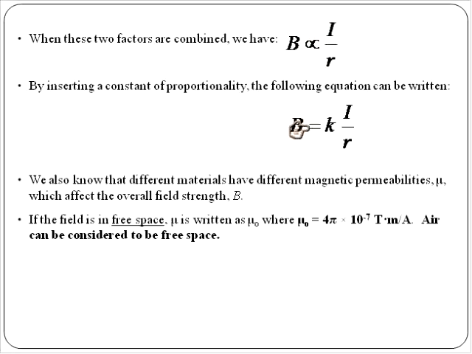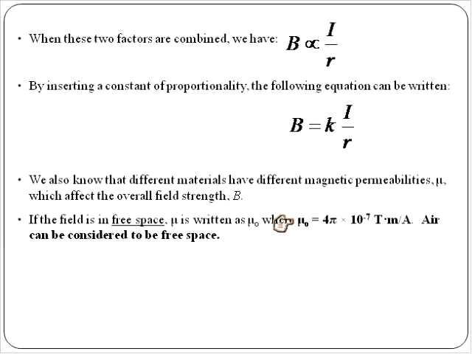So again, to make it equal, we put a constant in, and our constant has to do with the magnetic permeability of the substance that is surrounding the conductor. Normally that's air. So if the field is in free space, like a vacuum, or it's in air, because air is so close, we say it's the same thing.